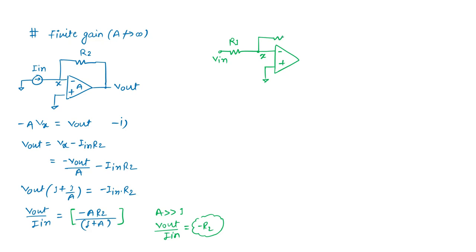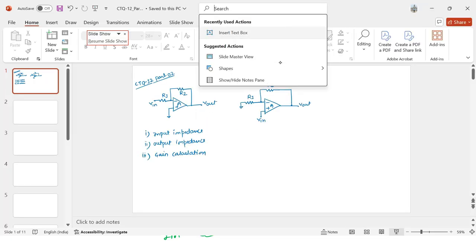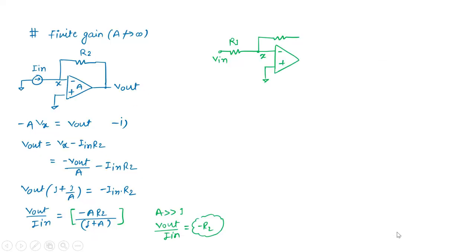But here the current is not exactly Vin by R1. It is not only V1 by R1, rather it is V1 minus Vx by R1. So what is the Iin here? Iin here is Vin minus Vx by R1, and this current is converted into the voltage, with finite gain. Vout equals minus A Vx is one relation.